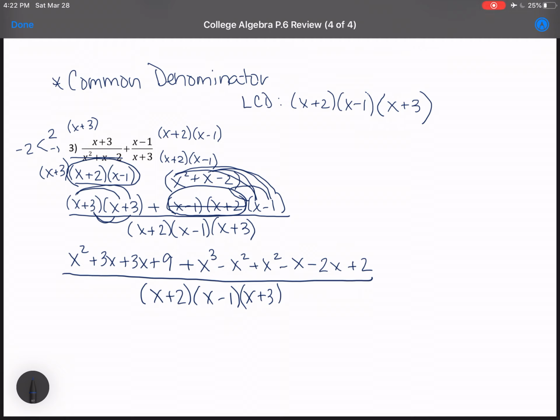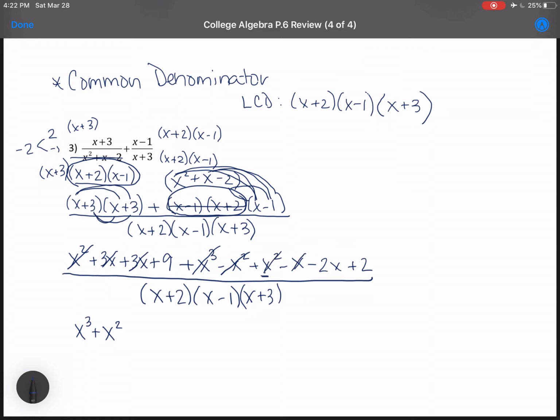And now we just need to simplify. So let's see here. Combine like terms. So we start off with our x cubed. And I'm going to cancel these as we write them out. We have our x squared minus x squared will cancel. So we're just left with 1x squared. 3x plus 3x is 6x.